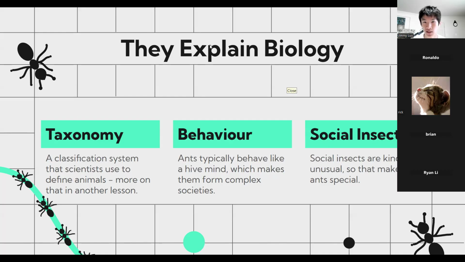Not a lot of insects communicate with each other in the long term. So that makes ants really, really special, because they communicate with each other, again with the hive mind theory, right?